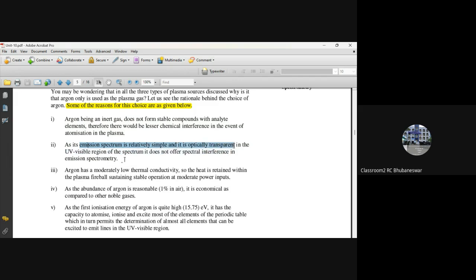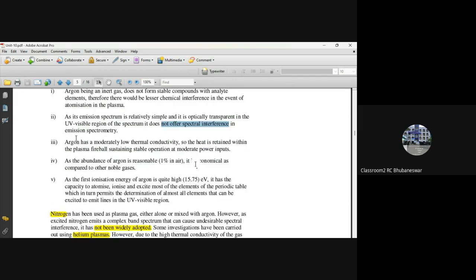This argon gas is optically transparent in the UV visible region of the spectrum, so it will not offer spectral interference. Last class we were discussing spectral interference. Mostly if you are using argon, spectral interference can be avoided.